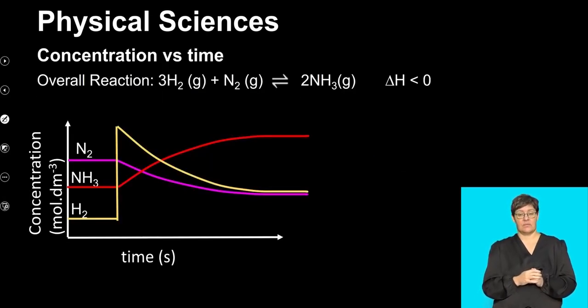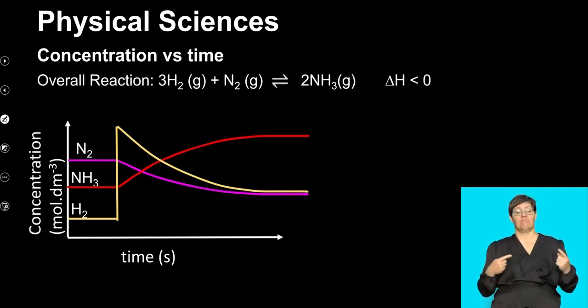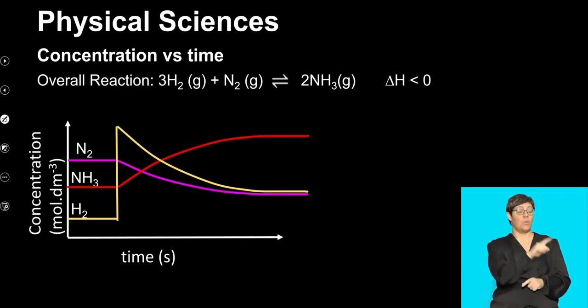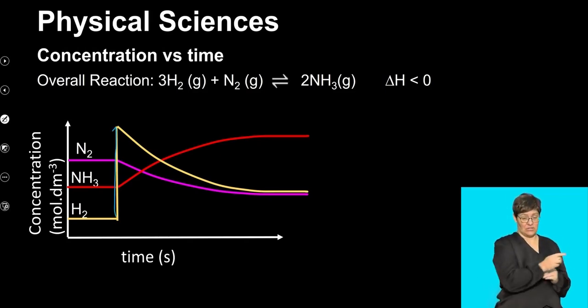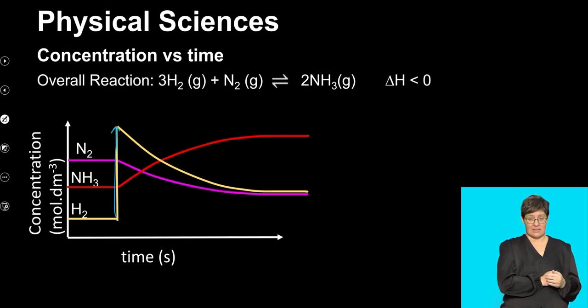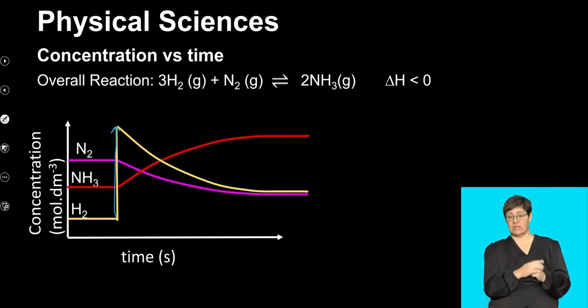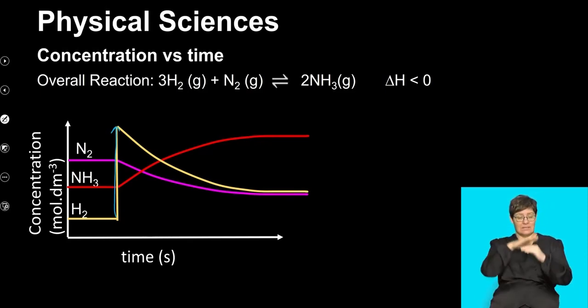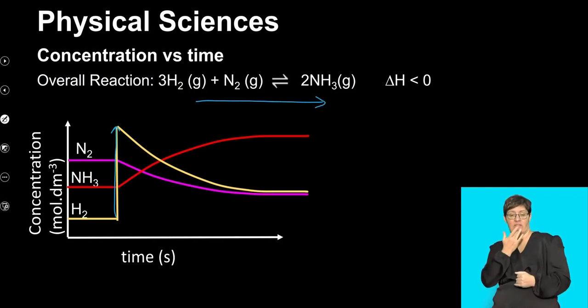Now we're back at the graph, the concentration versus time graph. Remember what we said. We said that the disturbance was an increase in hydrogen gas. What did the system do? The system tried to decrease the hydrogen gas. And in decreasing the hydrogen gas, the forward reaction was favored.